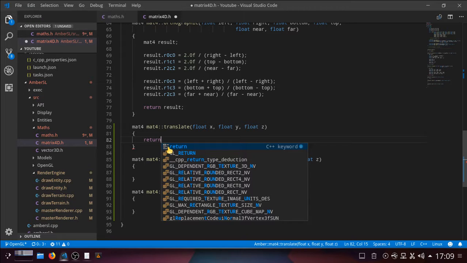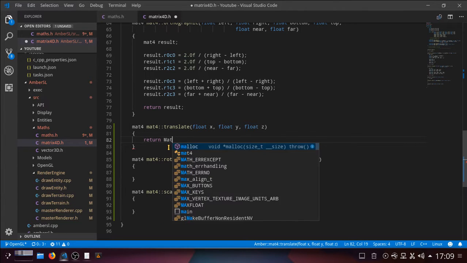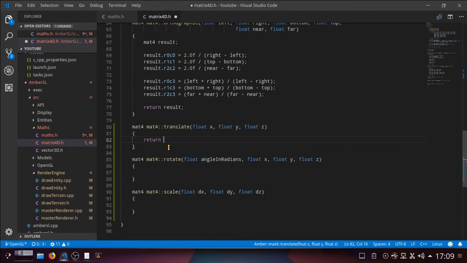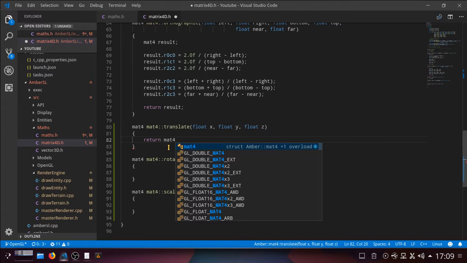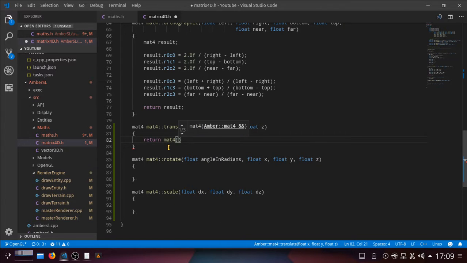We need to return a mat4, and it's an open bracket. We don't want the identity matrix. Well, we do a bit. We want to change 3 values. So it's for translating. It's a multiplier, remember.